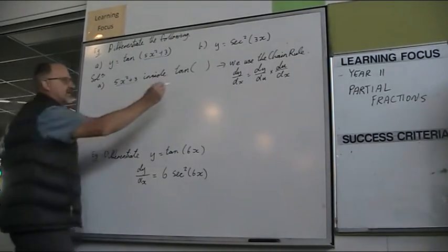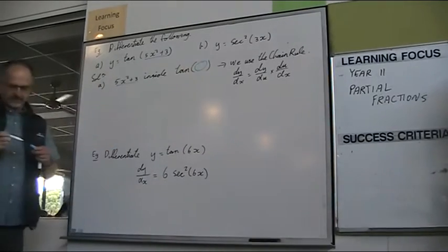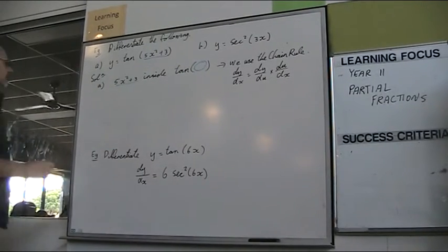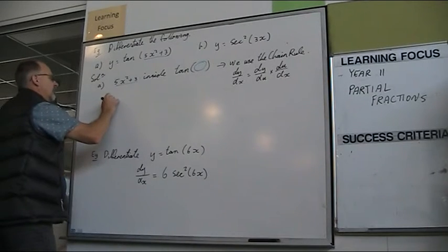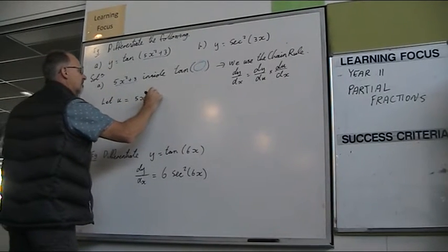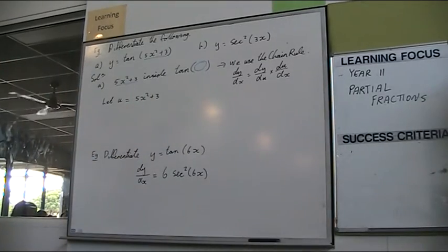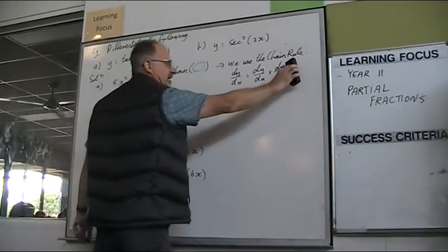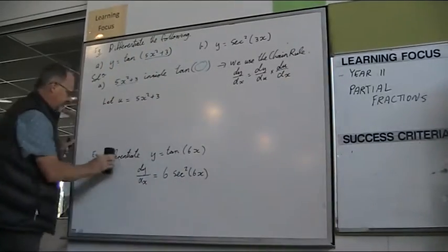So whatever's inside this bracket here is the u. So let u equal 5x squared plus 3. And as you can see over here, we need a du/dx.